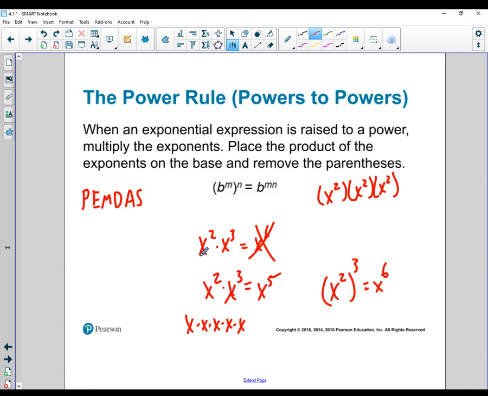But if we're multiplying them, we add them. You see how we step down: power, we multiply 2 times 3. If that's helpful, let it be what it is.